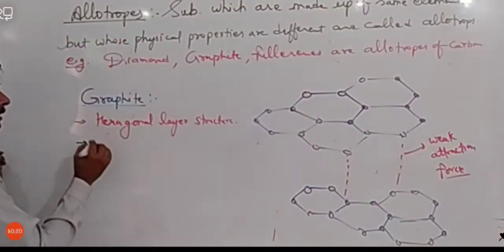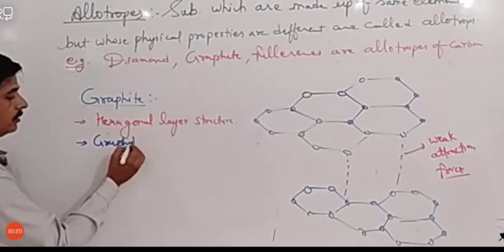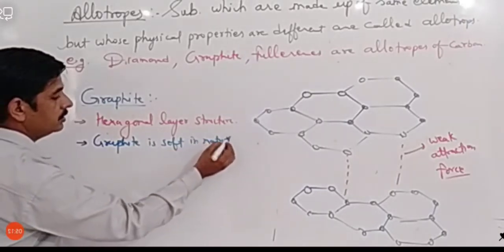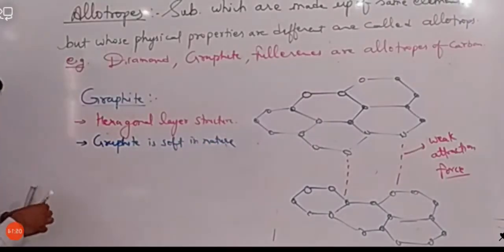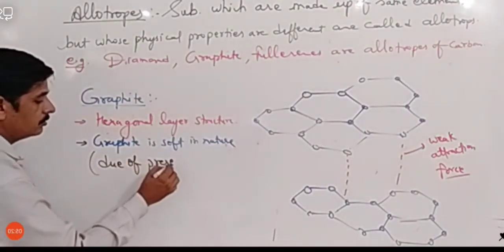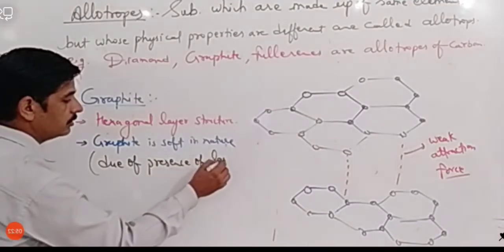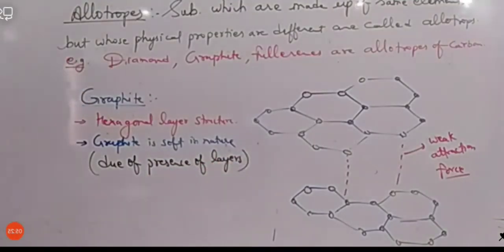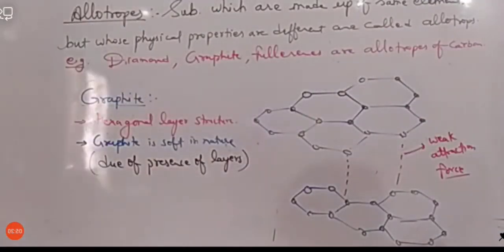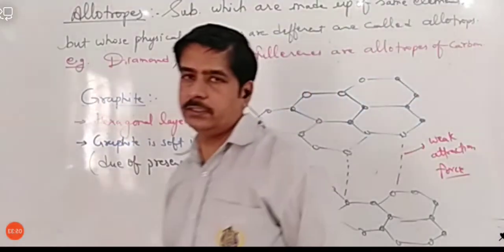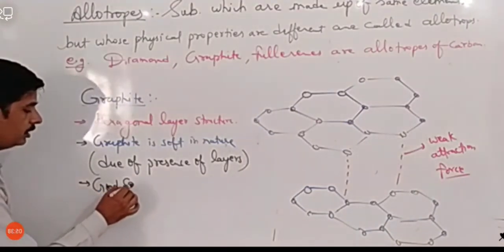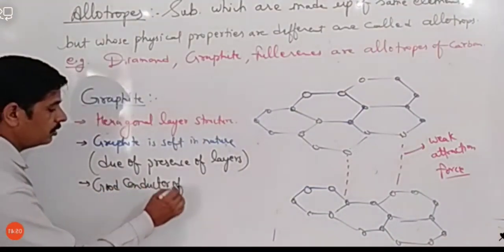So that's why we say that graphite is soft in nature, and we can easily give the reason for its softness, that is due to the presence of layers. Okay, due to presence of layers it is soft. And the next thing which is mostly asked in exam is why graphite is a good conductor of electricity.